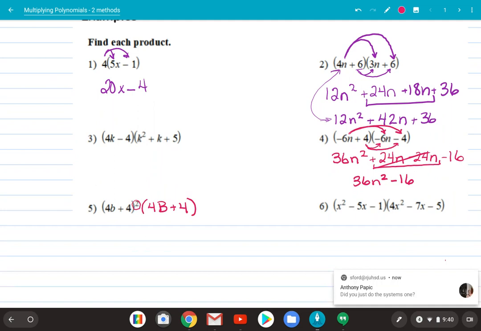So the square just means you write it twice. So once you do it twice, you're going to do it the same as those. And I want you guys to try that. And you're going to multiply the first number to both of them. So 4 times 4, 4b times 4.